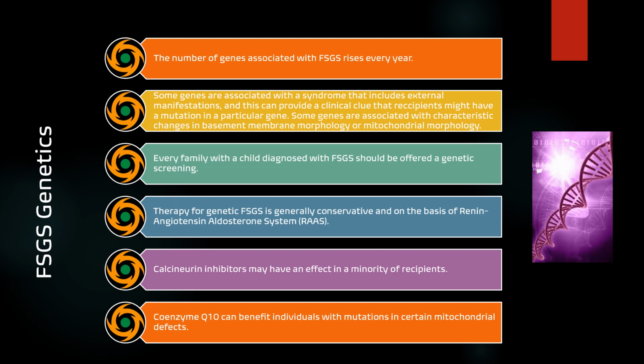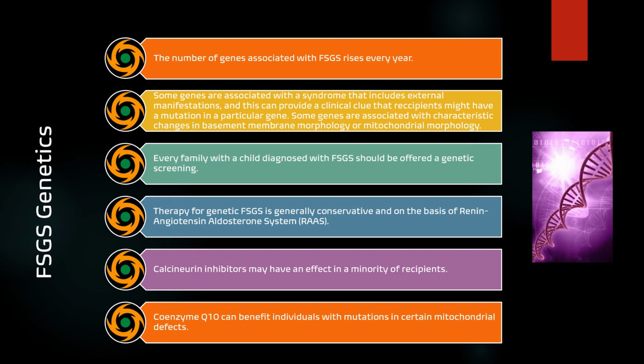Some genes are associated with characteristic changes in basement membrane morphology or mitochondrial morphology. Every family with a child diagnosed with FSGS should be offered genetic investigation as part of the diagnosis.